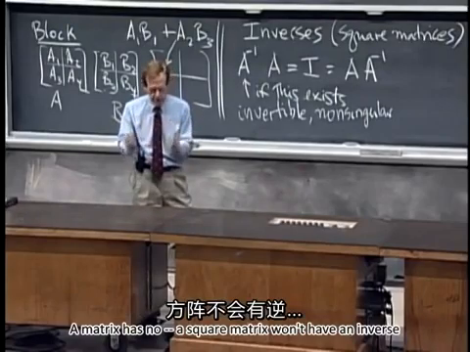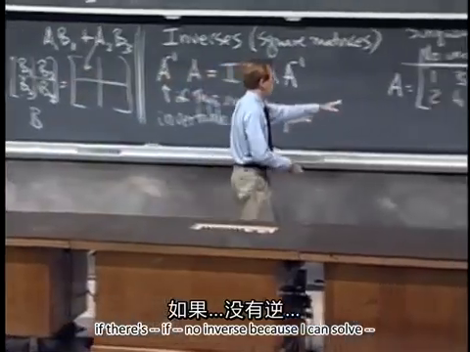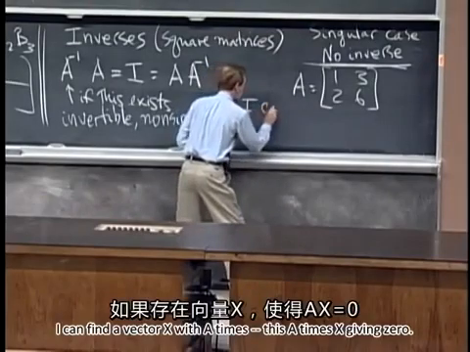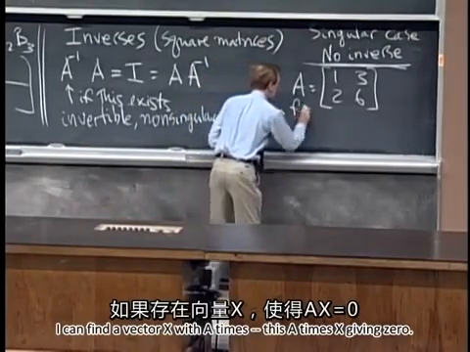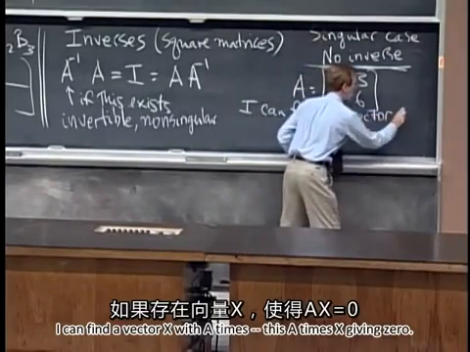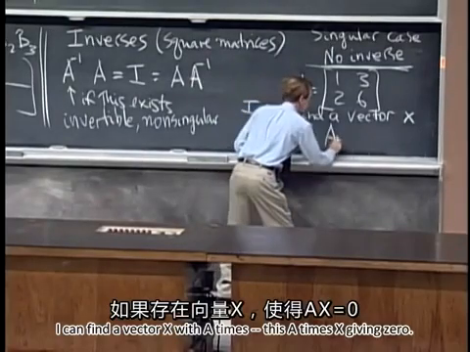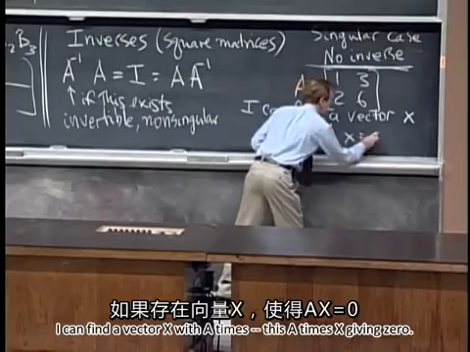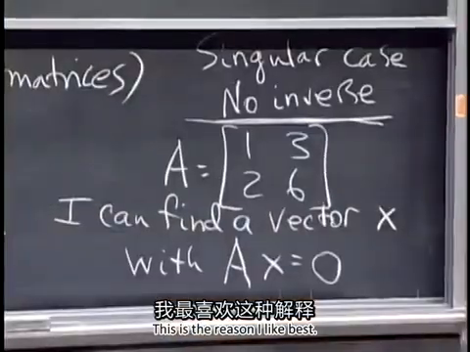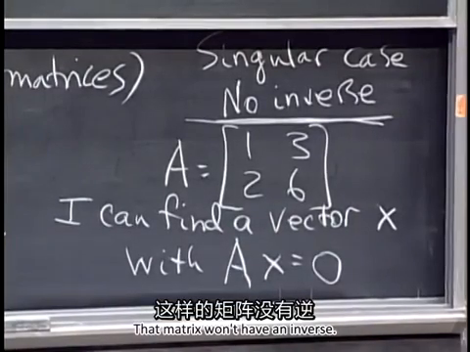A square matrix won't have an inverse if I can find a vector x with A times x giving 0. This is the reason I like this. That matrix won't have an inverse.